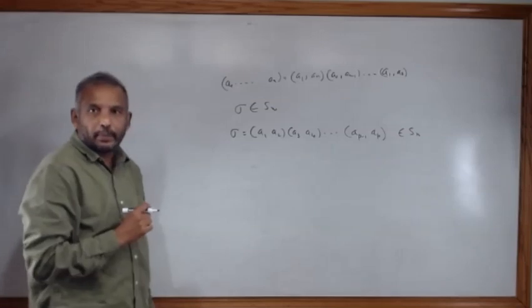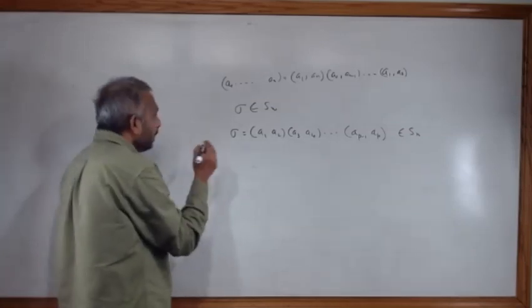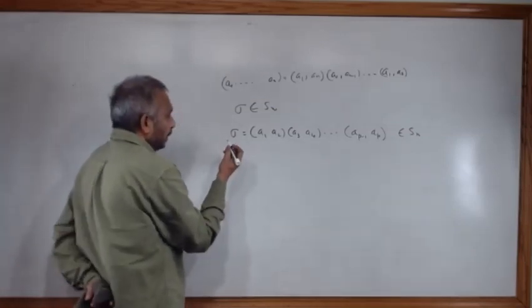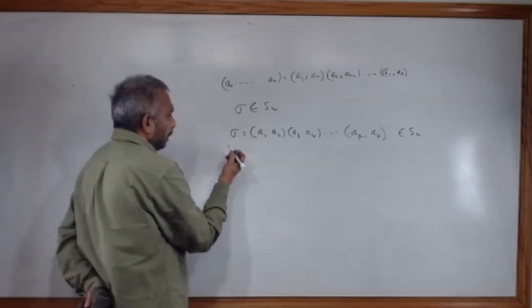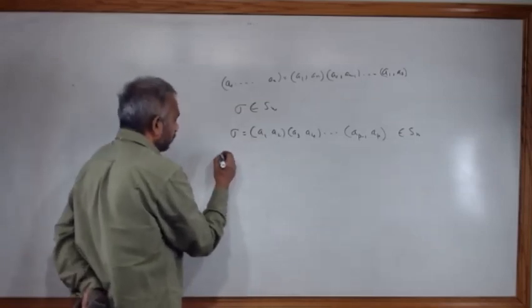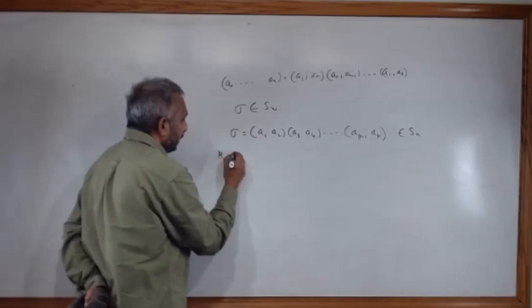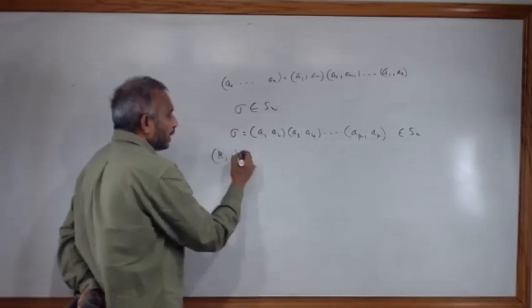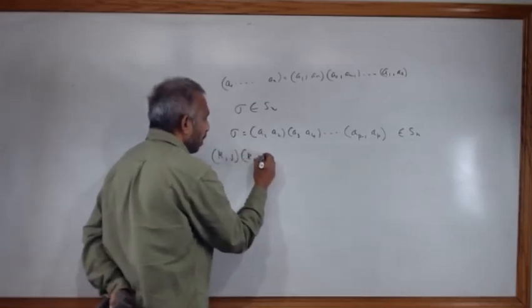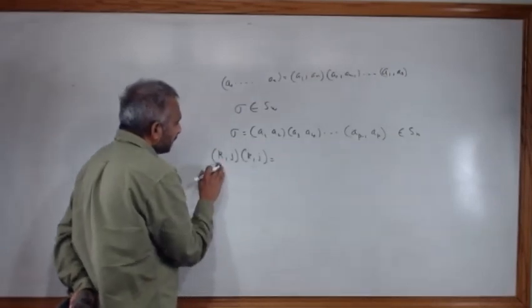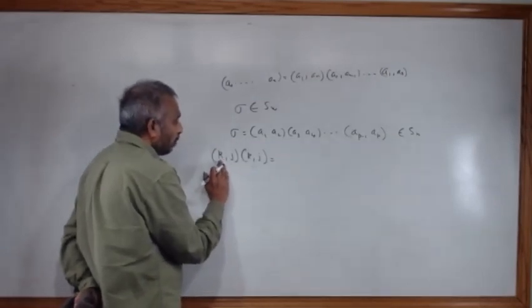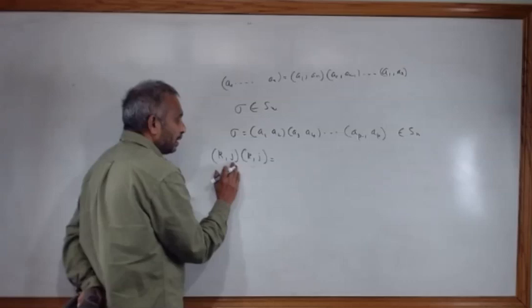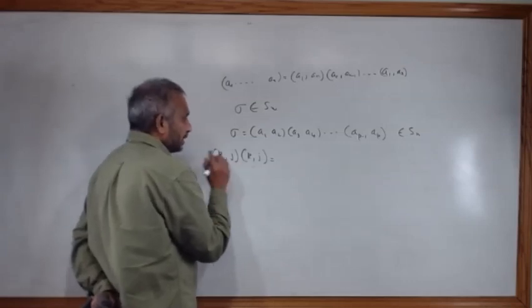Now let us compute. Let us take just one transposition, let's say (k j), and compose it with itself. This is actually a permutation where only k and j are moved, and all others are the same.